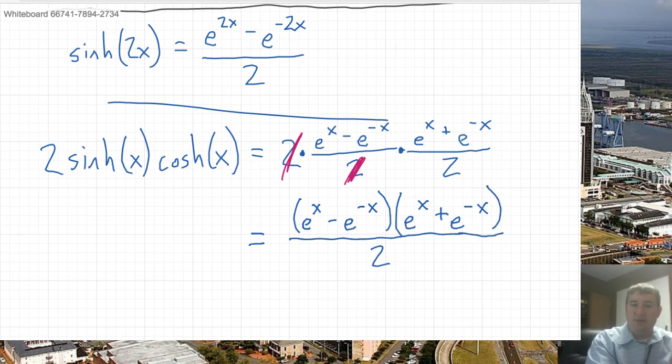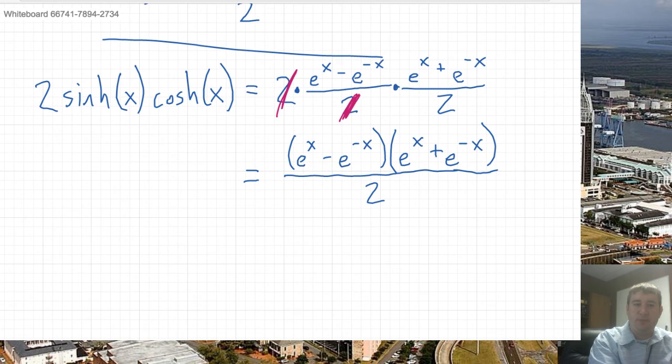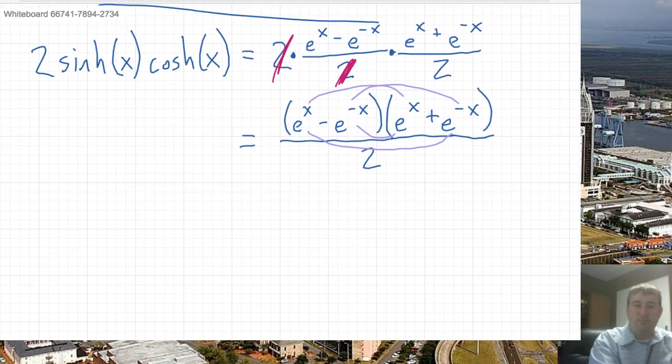And what we'll need to do is expand those binomials being multiplied together using, you can think of it as, the FOIL method. And when we multiply everything out, what do we get? Well, we'll get, I see e to the x times e to the x. That's e to the x squared. I see plus e to the x times e to the negative x.